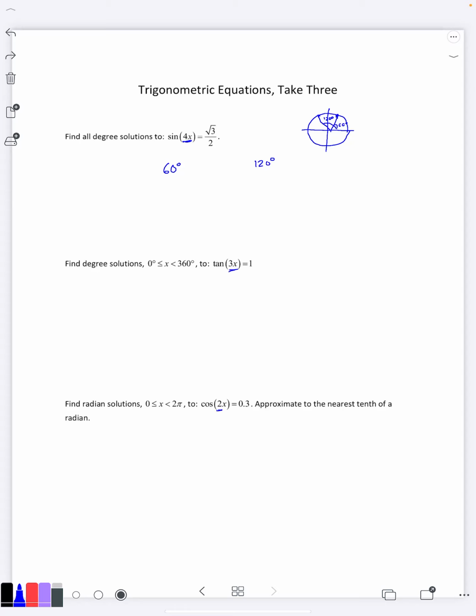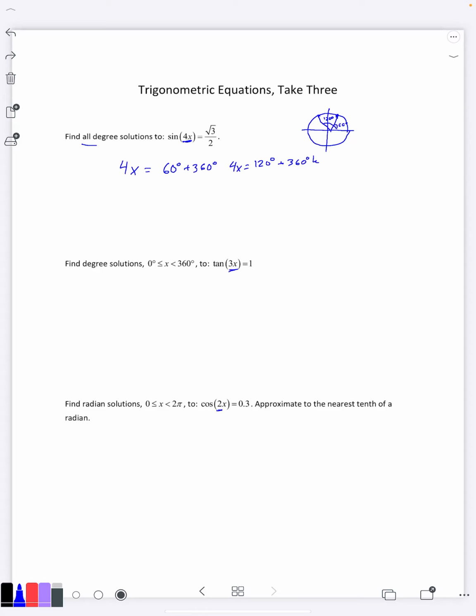But they did ask us for all degree solutions, so we're going to add 360k to each one of these, just like we did in the earlier video. But there's a problem: it's not x equals here, because it wasn't sine x, it's sine of 4x, so it's 4x equals each of these things.